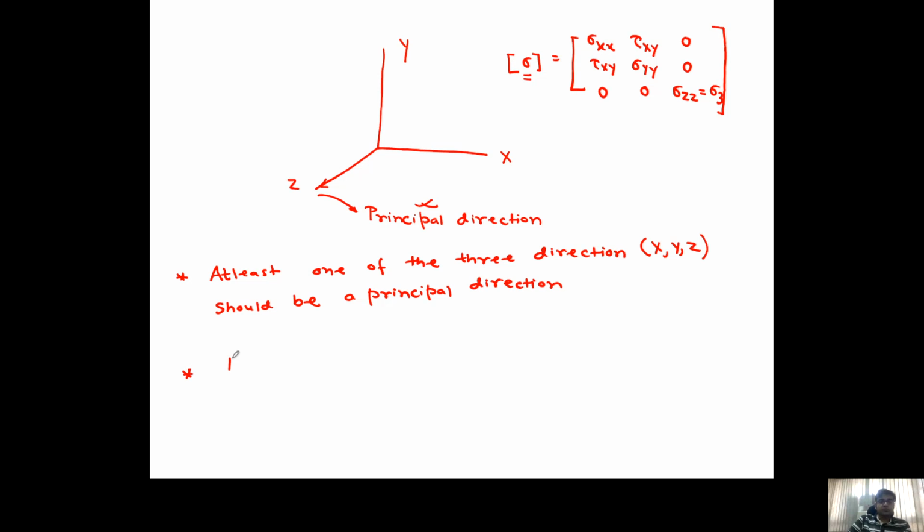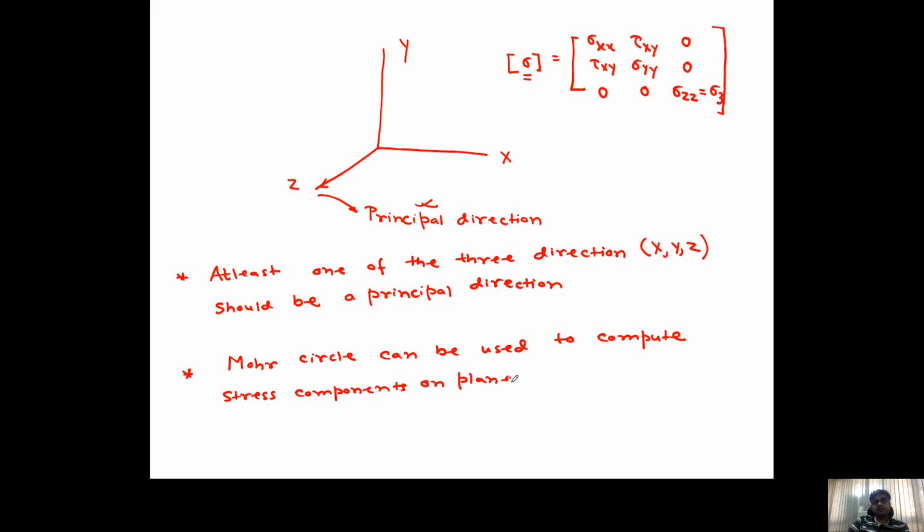Mohr circle can be used to compute stress components on plane alpha, where alpha is equal to alpha 1, alpha 2, alpha 3, if and only if alpha 3 is equal to 0.